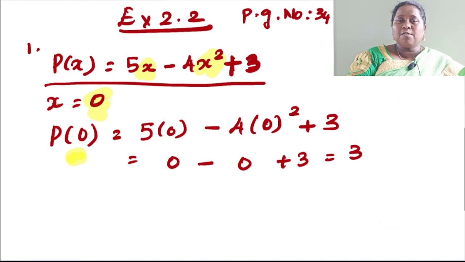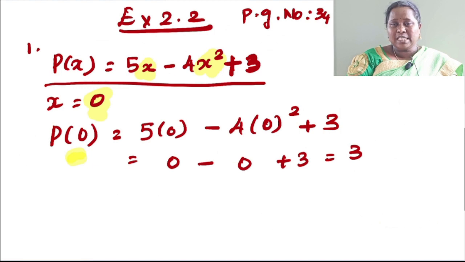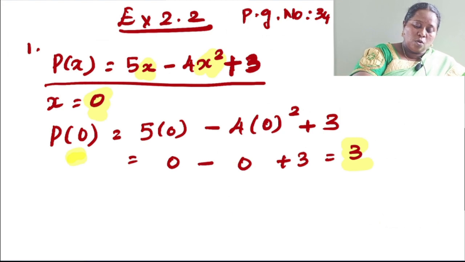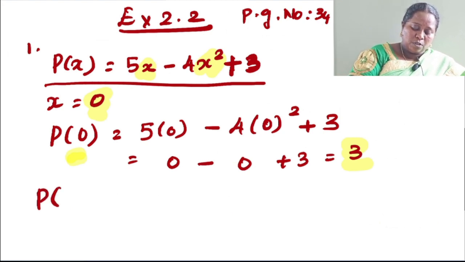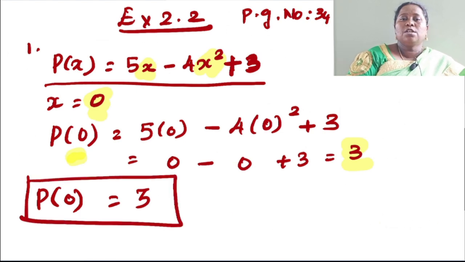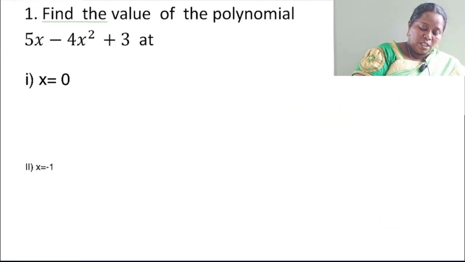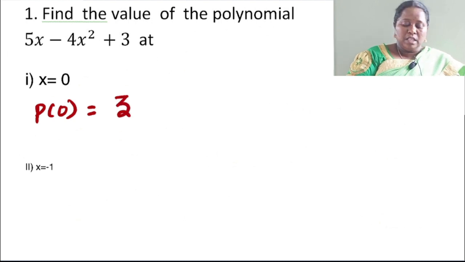I just applied the value of x, that is 0. When I substitute, I got the value 3. So p of 0 is equal to 3, that is the answer. The next sum, x is equal to minus 1.